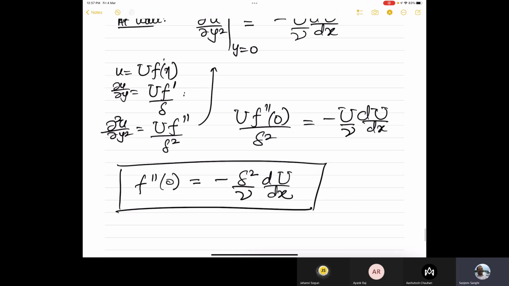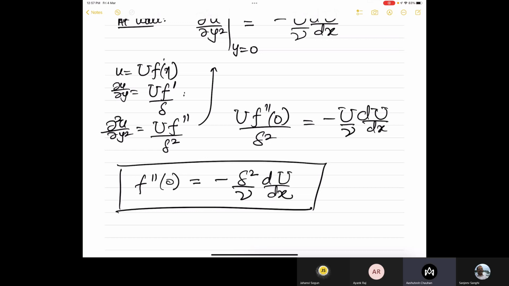And this is the boundary condition we get. F prime of 0 cannot be found, but f double prime of 0 turns out to be equal to minus delta square upon nu du by dx, and this we can use as a boundary condition. Is this clear?